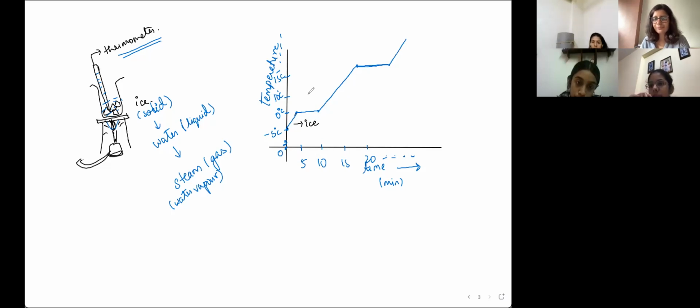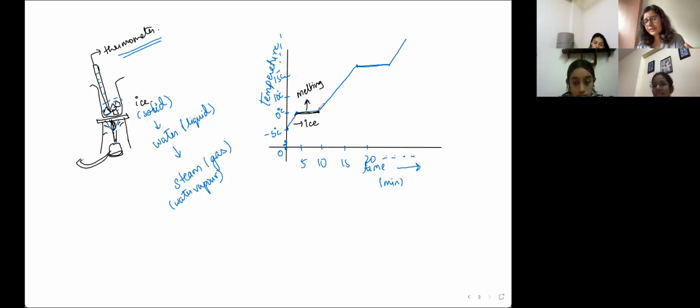Temperature increase हुआ. जब तक melt हो रहा है, तब तक temperature will be constant. Horizontal line is for like ice से water melt हो रहा है और फिर water से gaseous state में जा रहा है, तो उसके लिए वो horizontal line मतलब कोई process चल रहा है वहाँ पे. So जब तक melt हो रहा है तब तक temperature increase नहीं होगा.